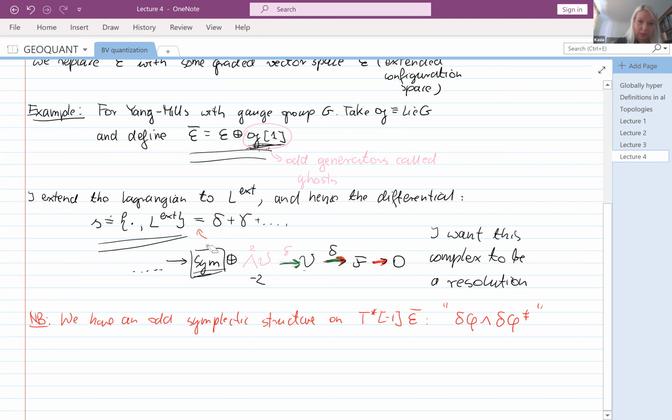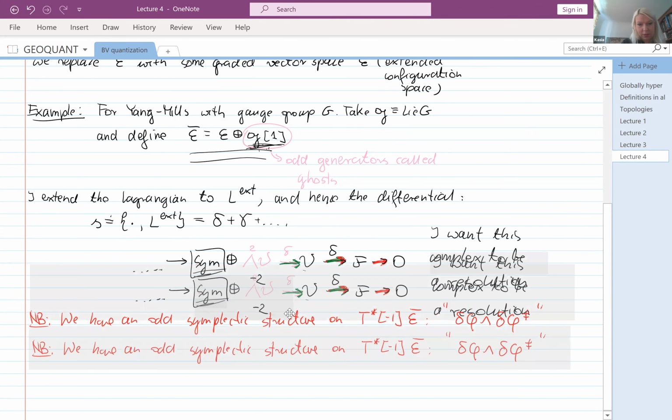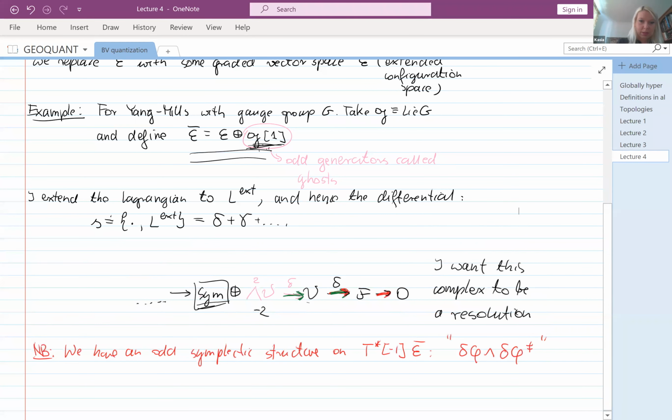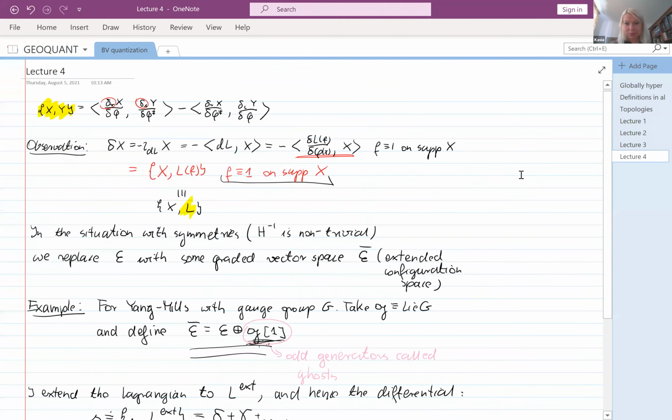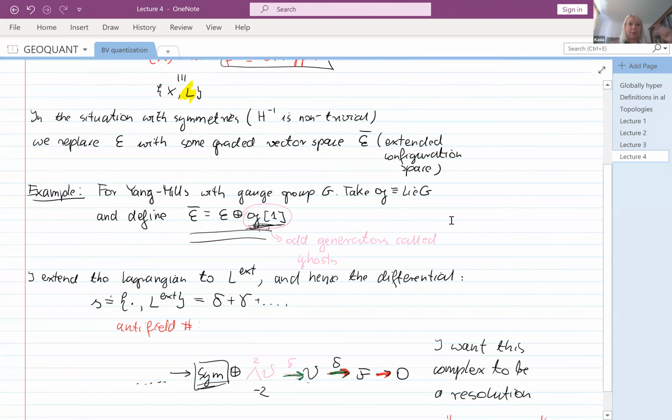So this is, let's see, I need a bit more room. So this is antifield number. So delta is decreasing the antifield number. So a vector field has an antifield number 1 because it has one antifield generator. A functional is 0. So this is -1.